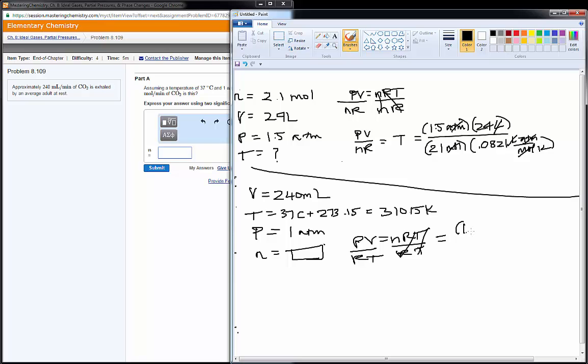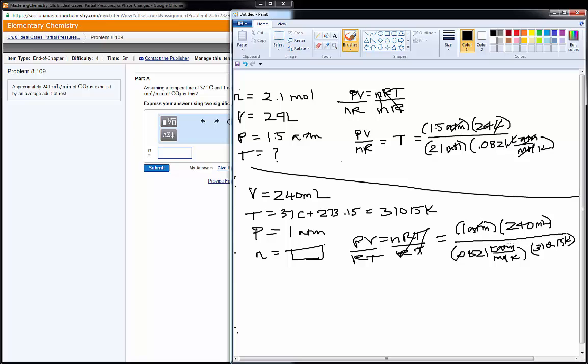So that is 1 atmosphere, 240 milliliters divided by 0.0821 liter atmospheres per mole K, and 310.15 K.